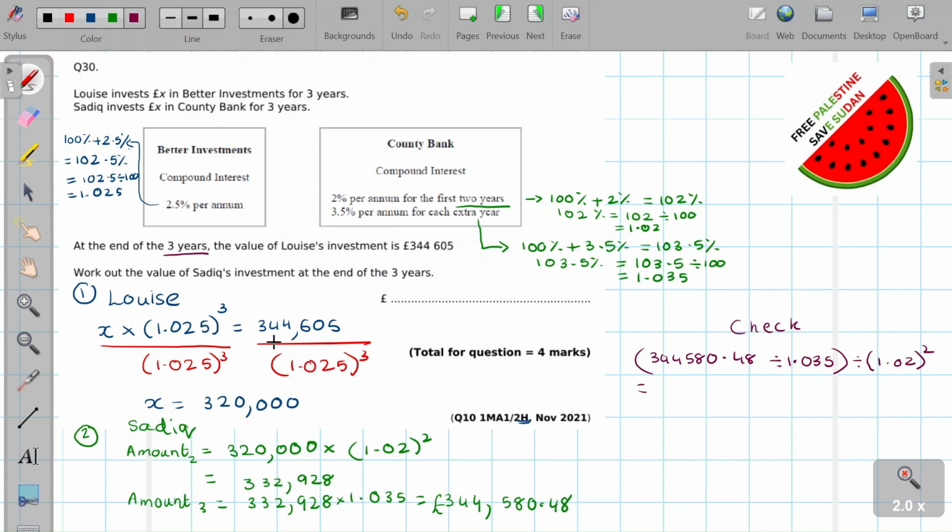I think I would multiply by 1.025 cubed, and then it should be the same as that.